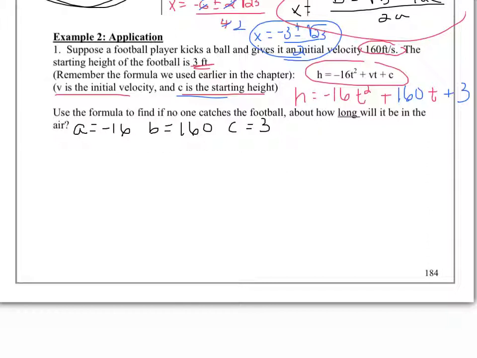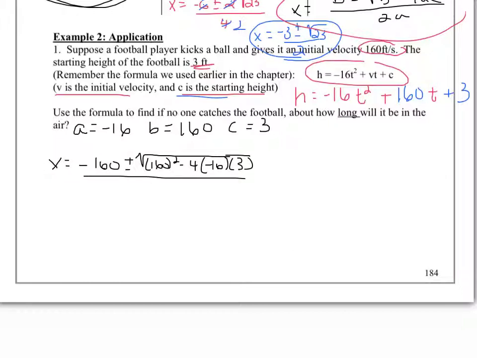Okay, so let's go ahead and fill in negative B plus or minus the square root of b squared, 160 squared, minus 4 times a times c. And this is all going to be divided by 2 times a. Okay, now I need to go ahead and simplify.